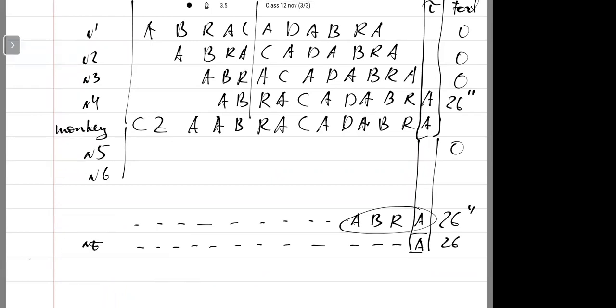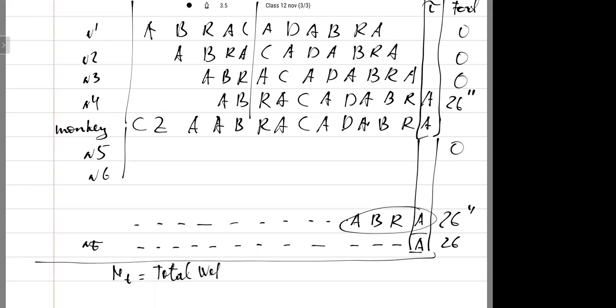It was something like the total welfare of all players at time t minus t. So what will M tau be? It will be the total welfare of all players at the final moment of time.